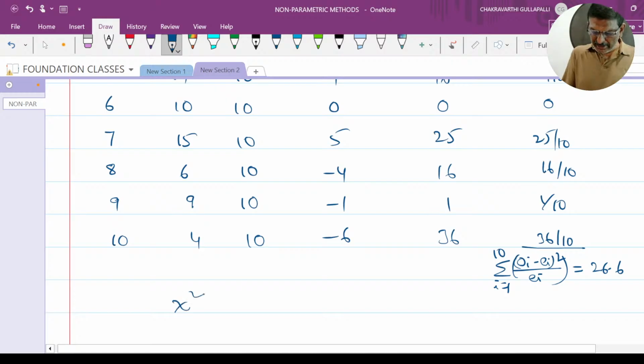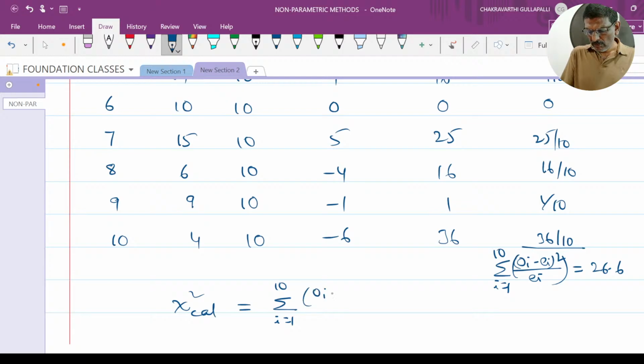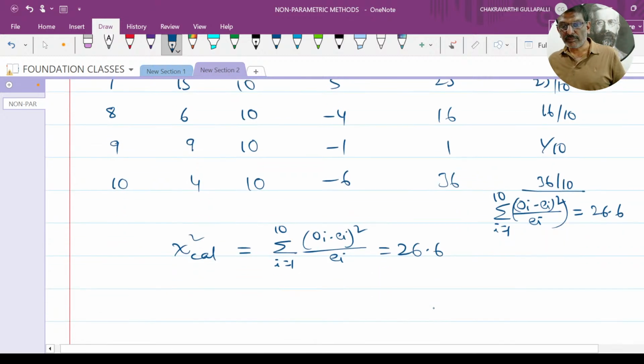Now, the chi-square calculation is summation i equal to 1 to 10 of Oi minus Ei whole square by Ei, and that value is equal to 26.6. All expected frequencies are at least 10, so there is no need to apply the pooling concept.